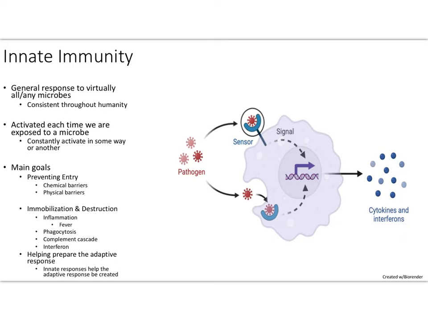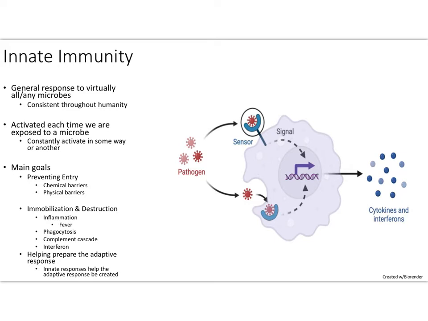So no matter what microbes we are exposed to, whether they are ones we have seen before or ones that are totally new to us, our innate immune system responds the same way every single time. And the things that happen in my body with the innate immune system are the same ones that happen in yours, are the same ones that happen in your cousins, and everyone else in the entire world, basically.